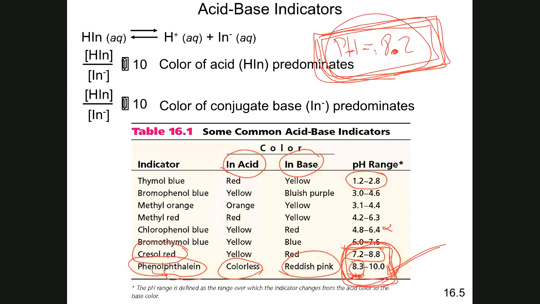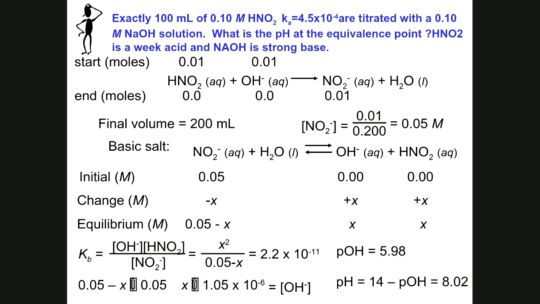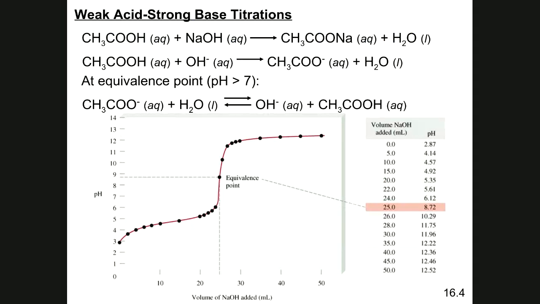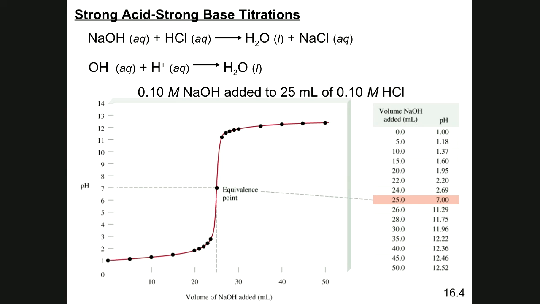So let me go back to a couple more. This is a strong base, pH is at 8.72. A strong base with a strong acid, pH is at 7. So if it's a strong base and strong acid, the pH would be exactly 7 at the equivalence point.